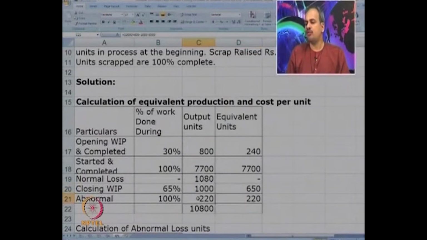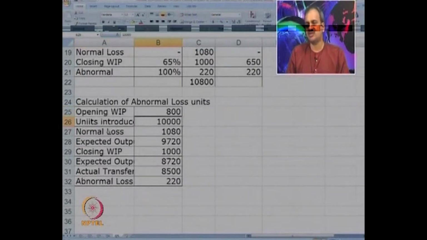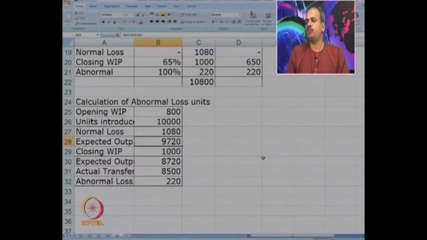Now I will also have to calculate the abnormal loss. In the abnormal loss units calculation, you can see that opening work in progress was 800, units introduced is 10,000, the normal loss is 1080. So expected output was 9720. You are getting me? So 10,000 plus 800 minus 1080.